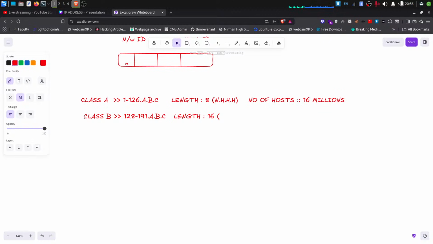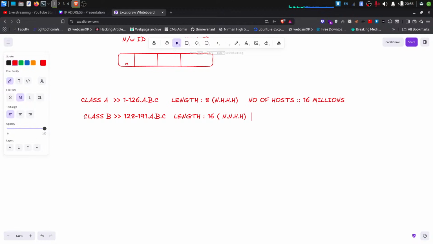The first part would be network, the second part would be network, and the remaining two parts are host. Can you guys comment down how this 16, or how this 8-bit network length came? People who know how this 16-bit or 8-bit came, I'd love to know that.